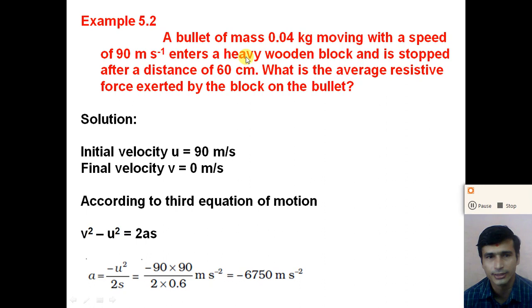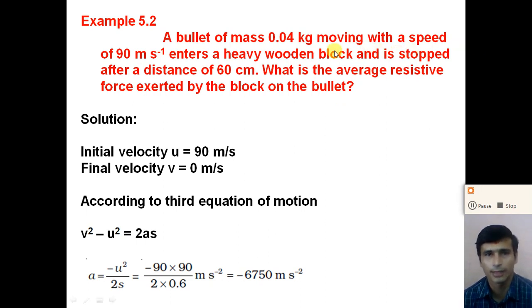So the distance traveled by the bullet in the wooden block is 60 centimeter. What is the average resistive force exerted by the block on the bullet? So here the average resistive force exerted by the block on the bullet is the same as the force acting on the block by the bullet, right?